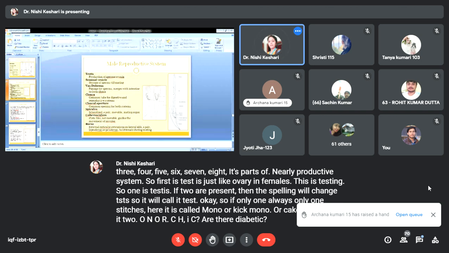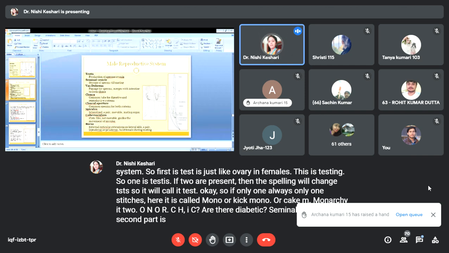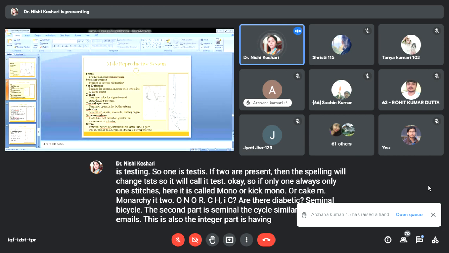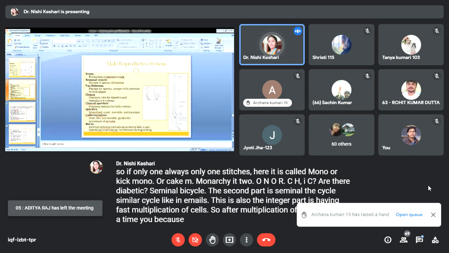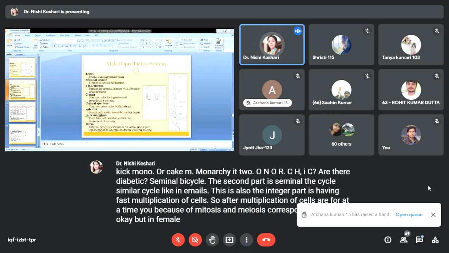The second part is the seminal vesicle. Like in females, this anterior part has fast multiplication of cells. After multiplication of cells, four sperms are formed at a time, through mitosis and meiosis. But in the female, after mitosis and meiosis, only one egg is formed.